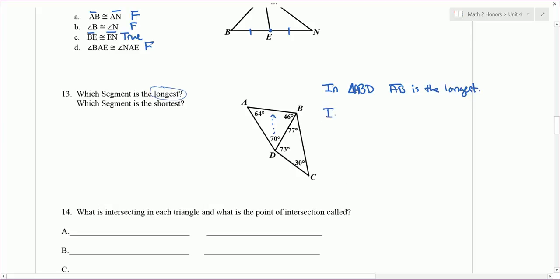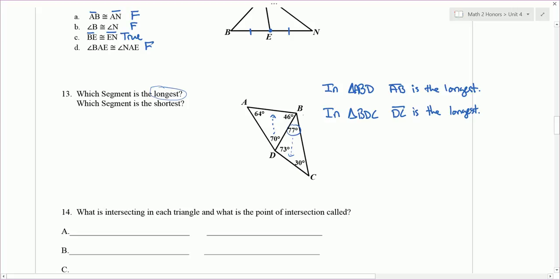In the other triangle, in triangle BDC, the largest angle is 77, and so DC is the longest side. Okay, so now the question is, which one's longer? Is AB longer or is DC longer? What we cannot do is look at which angle was bigger.